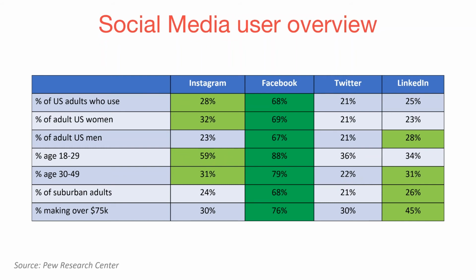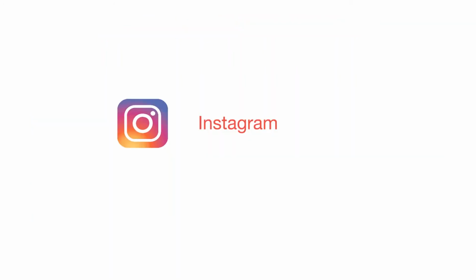30% of those making over 75,000 are active on Instagram. However, 76% making over 75,000 a year are active on Facebook. And 45% are active on LinkedIn. So let's take a look at Instagram.